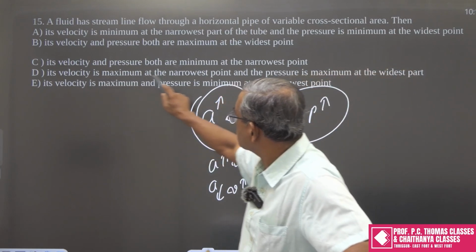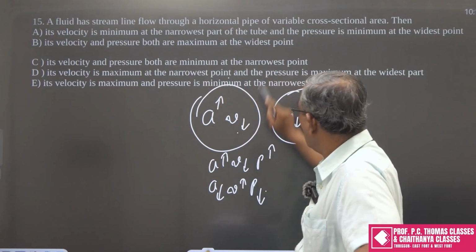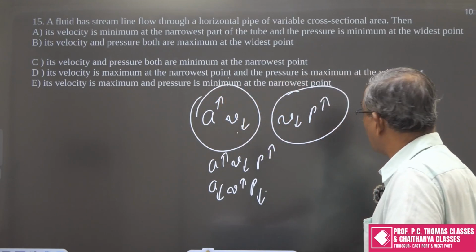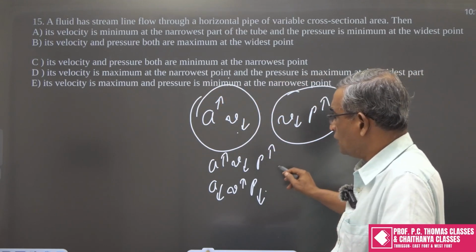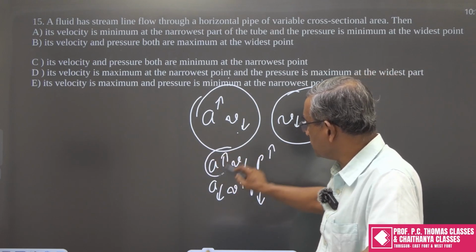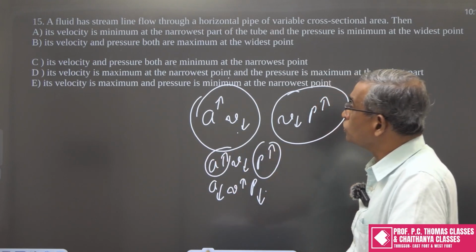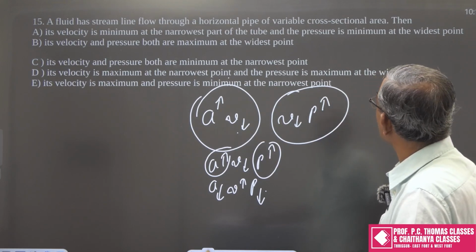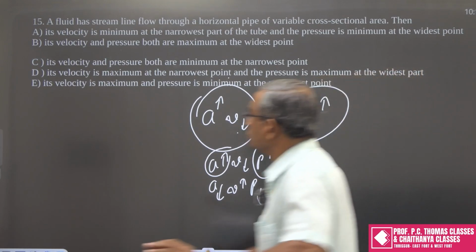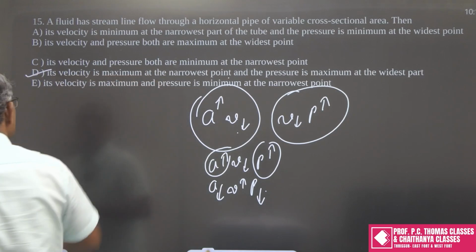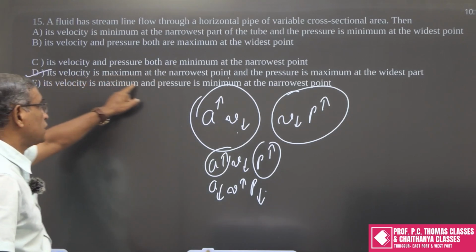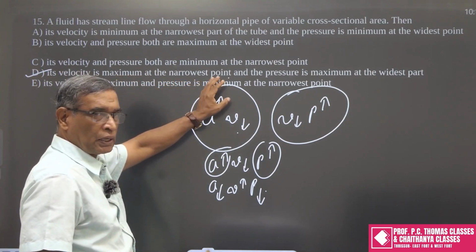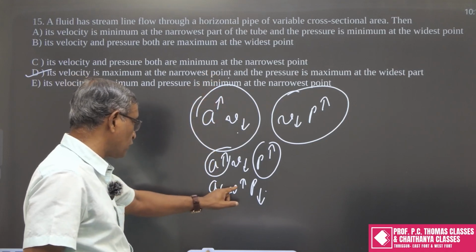Velocity is maximum at the narrowest point and pressure is maximum at the widest point. Wherever the area of cross-section is large, the pressure is large. Therefore, for a horizontal pipe of variable cross-section, this statement is almost correct. If velocity is maximum at the narrowest point, the area of cross-section is small and the velocity is large.